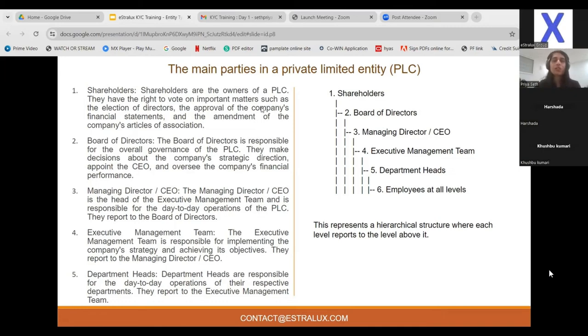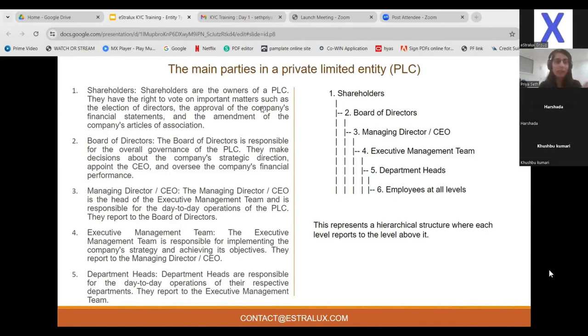Can you explain board of directors once again? Sure. The board of directors is basically responsible for the overall governance of the company. They make strategic decisions and are the ones who appoint CEOs. You don't have to worry about board of directors' earnings or percentages. The only requirement for you is to know who the board of directors are. If there are five people, you need to collect those five people. You should know the document where these five people are listed.